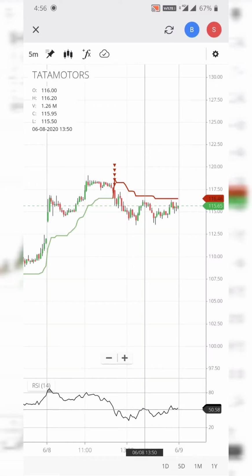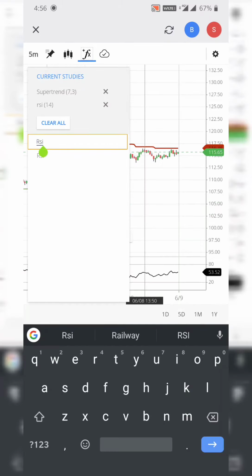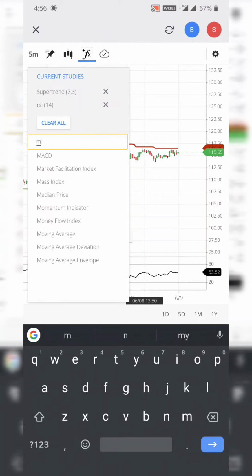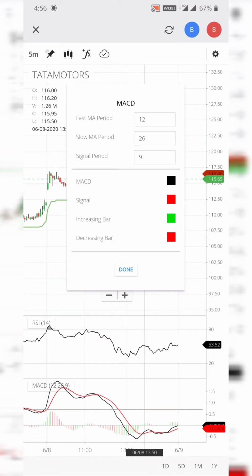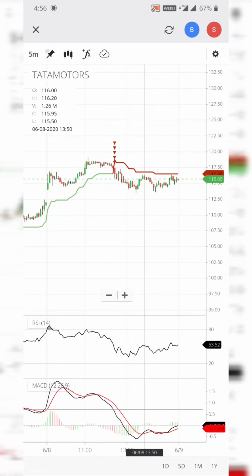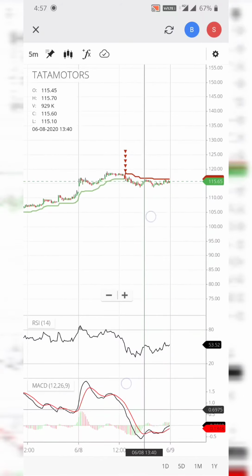Thirdly, we use MACD. In this also we will not change any settings; we will use it as is. In this, the convergence matters.